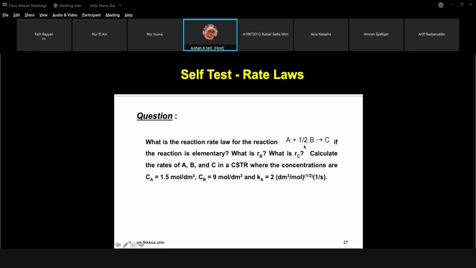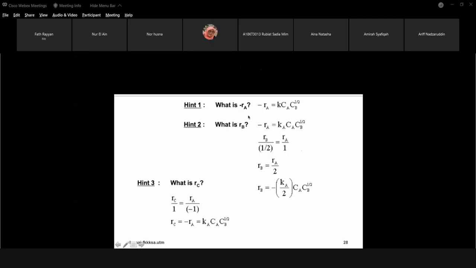Okay. And then how do you know r_B and r_C? You will use what you studied previously about the relative rates of reaction. When you know r_A, you can know r_B because you know the stoichiometric coefficients here. You can relate r_A with r_B, and then you can relate r_A with r_C also. Okay, this is Ain's answer. Elementary. So how do we know r_B from the equation?